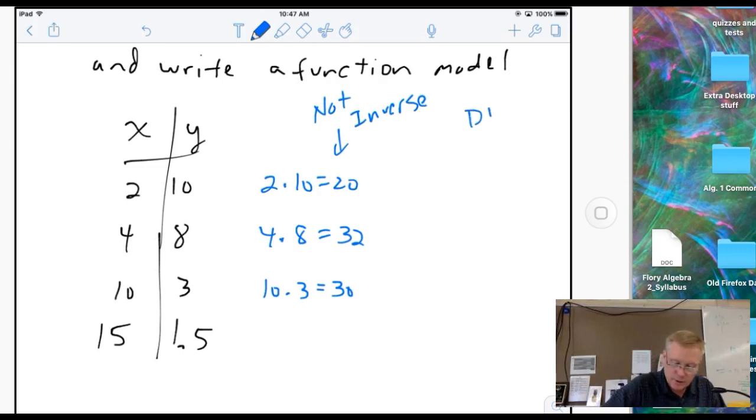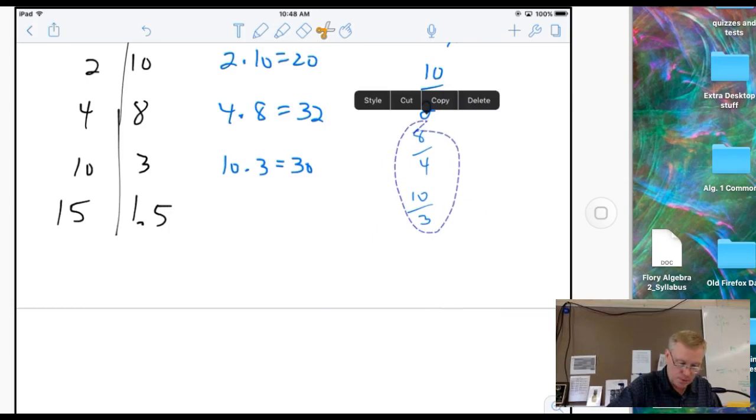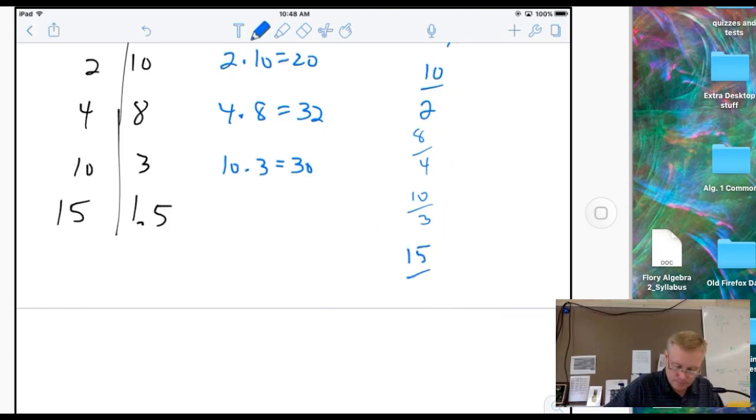If it's direct variation, then I'm going to take y divided by x equals k. So if I take 10 divided by 2, that better be the same as 8 divided by 4, which better be the same as 10 divided by 3, which better be the same as 15 divided by 1.5. So that's 5, that's 2, this is not going well, 3.3.